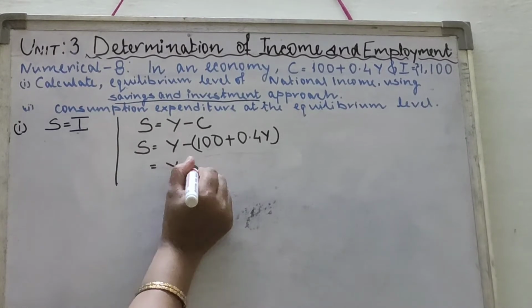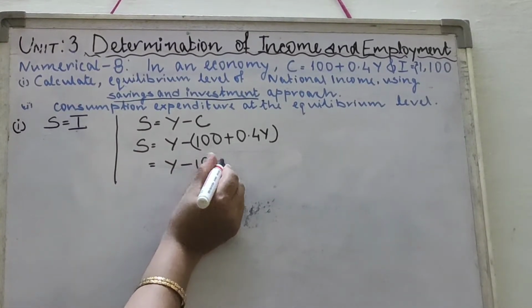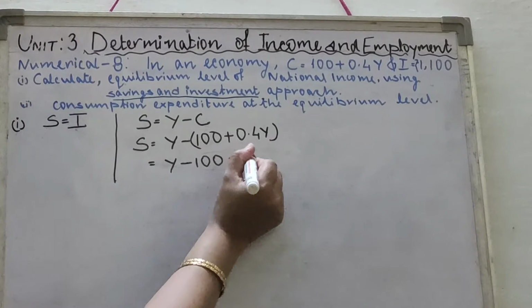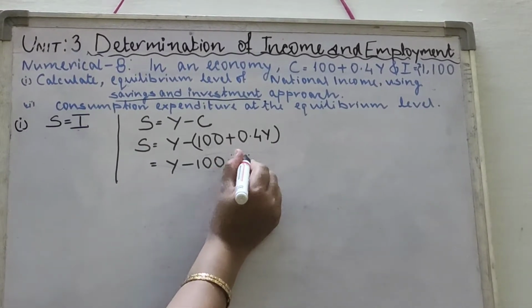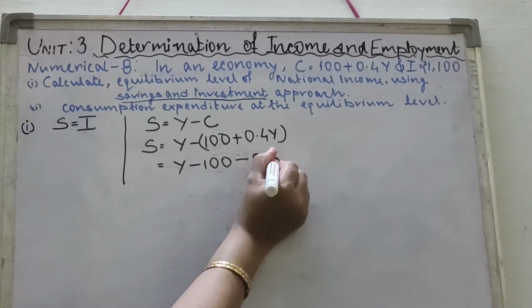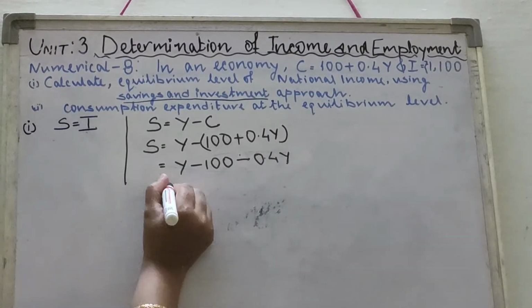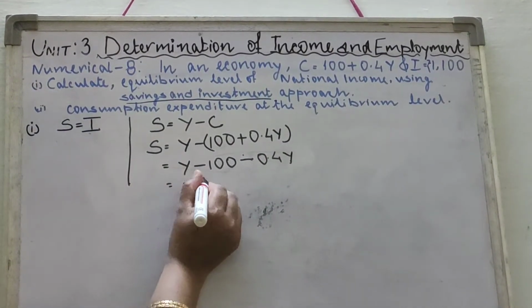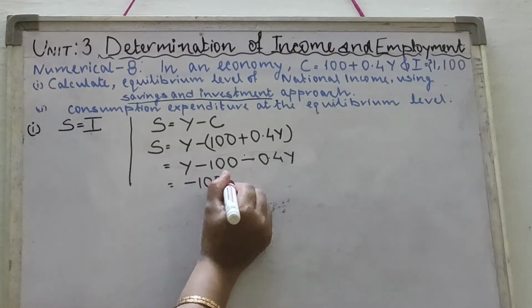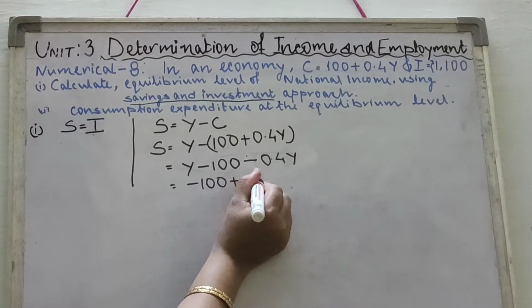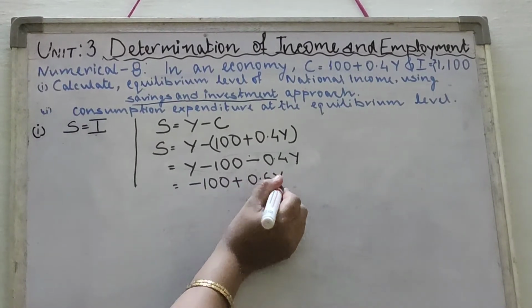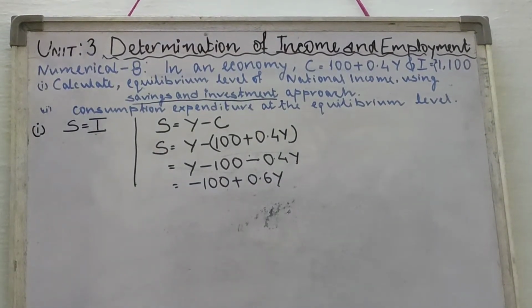Y minus 100 minus 0.4Y is equal to minus 100 plus Y minus 0.4Y, which is 0.6Y. This is our saving function.